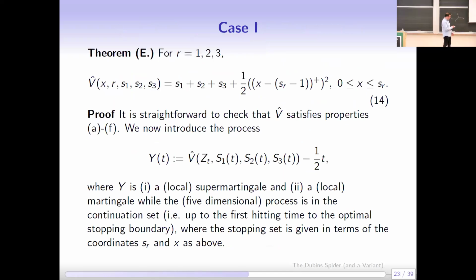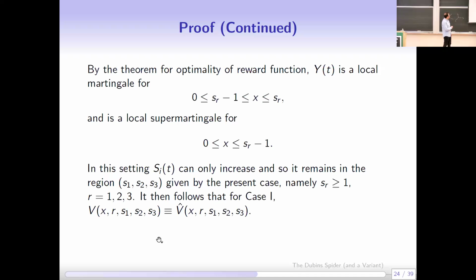You guess the value function in this first region. You can check that it satisfies the properties. It's straightforward to check that it has the properties A to F. You introduce this local super martingale and a local martingale where the 5-dimensional process is in the continuation set. By the theory of the optimality of reward function, all I mean is the theorem that said v hat was actually equal to v.